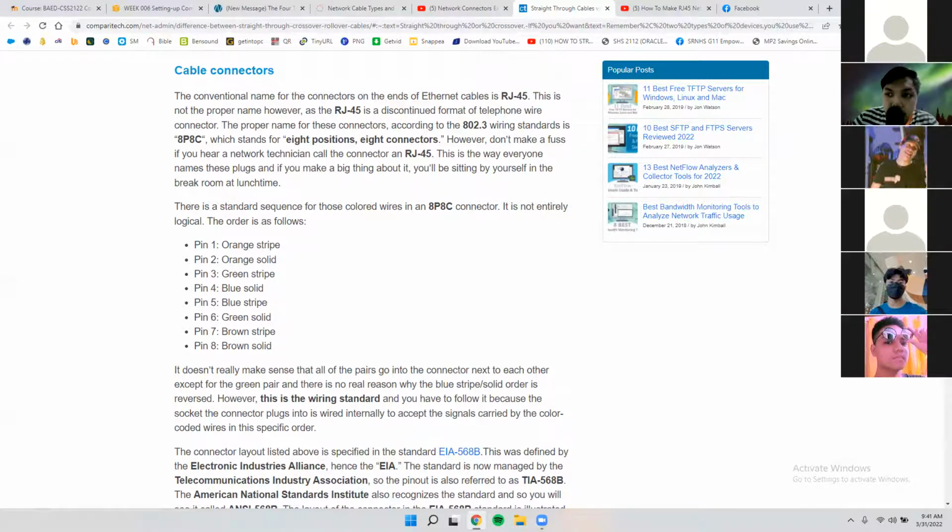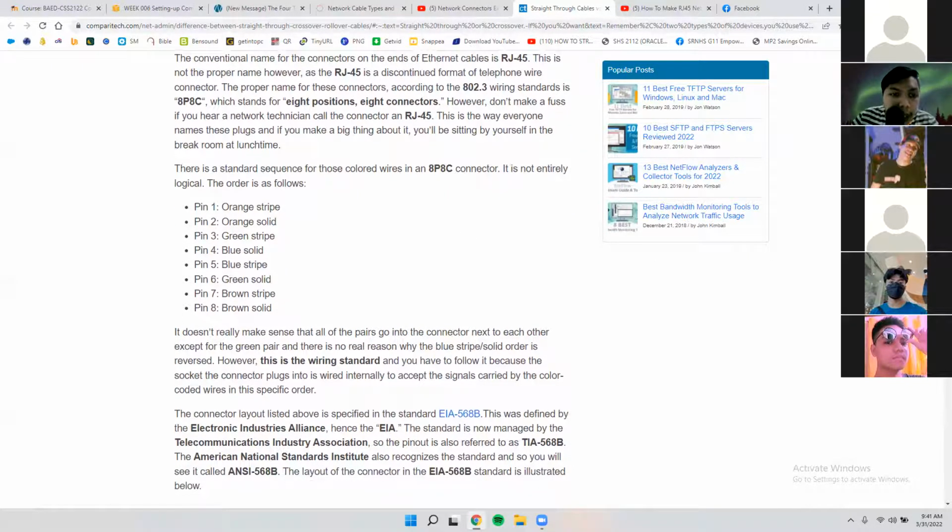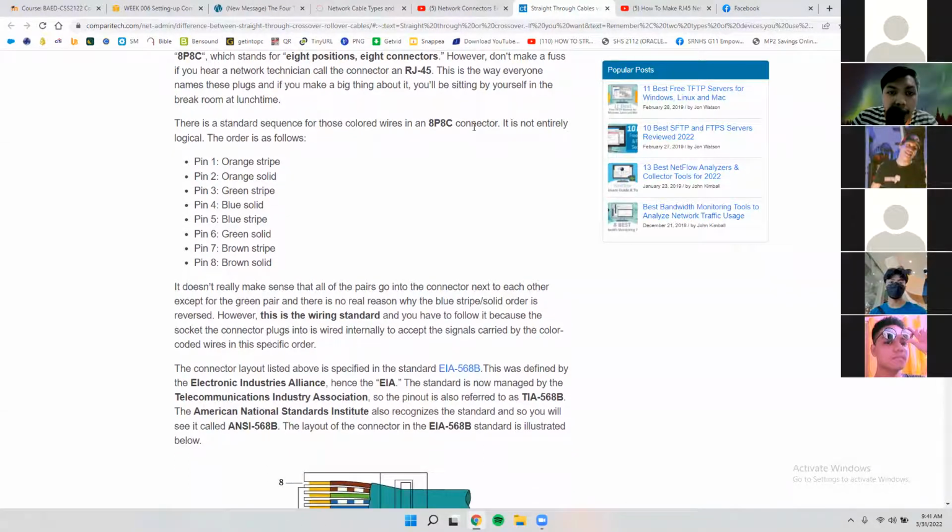Okay. So, the standard sequence of the color wires in that 8P8C connector is ordered as follows. So, orange-white, orange, green-white, blue, blue-white, green, brown-white, brown. So, yun yung ano natin.